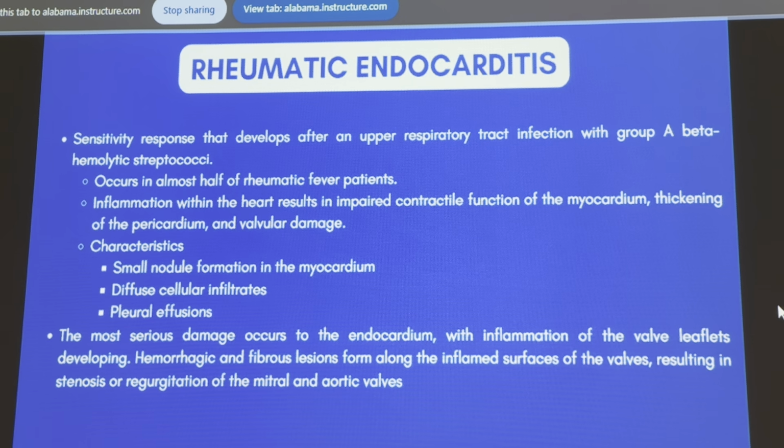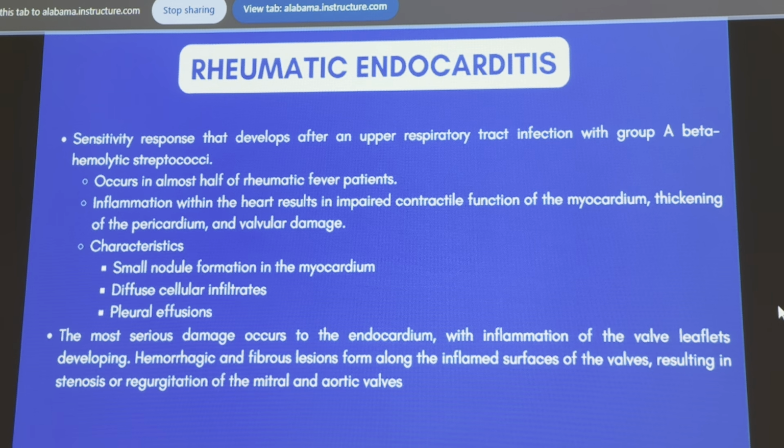In the meantime, my body has developed some type of sensitivity or immune response to that streptococci bacteria, and that's how we get rheumatic endocarditis. It's a sensitivity response that develops after an upper respiratory infection with group A beta hemolytic streptococci.